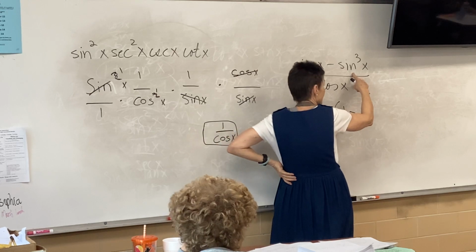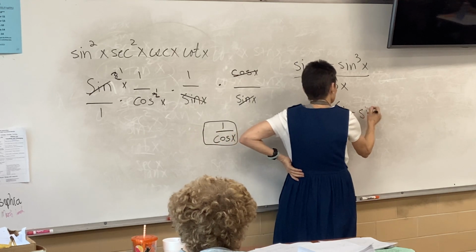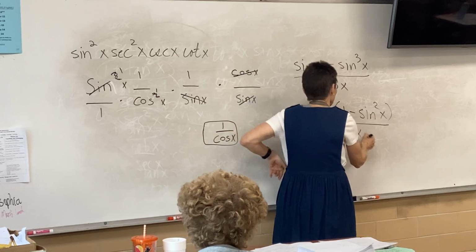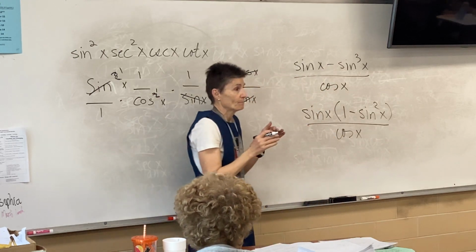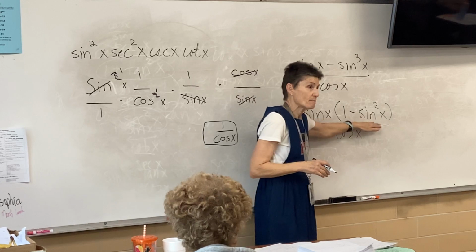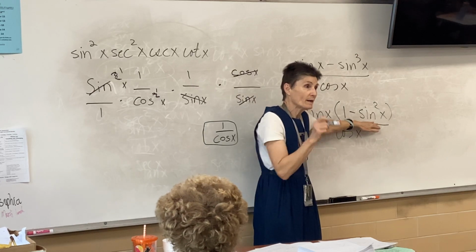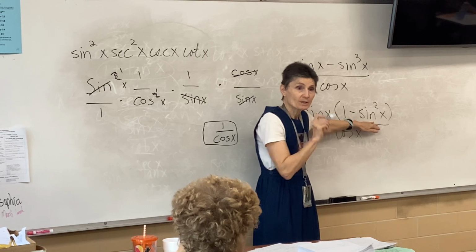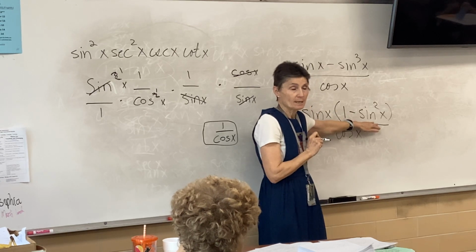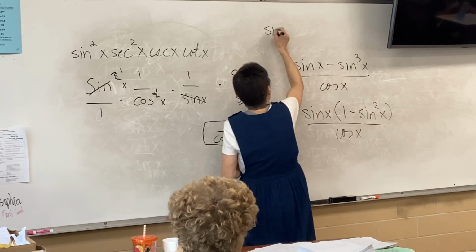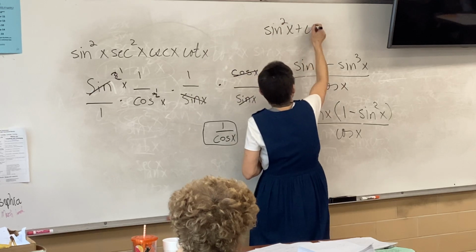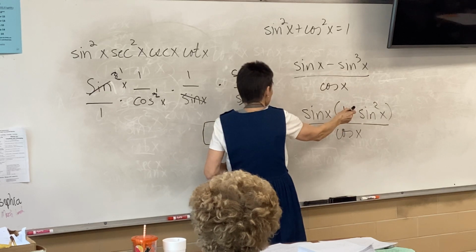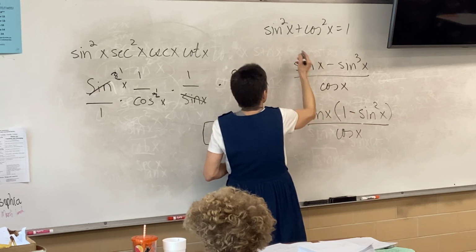What will I have left here? Sine squared. Okay, wait a second. We have seen this before. What is 1 minus sine squared? Cosine squared. I'm going to write this one more time, but we keep running into this idea, so it's something you probably ought to know.